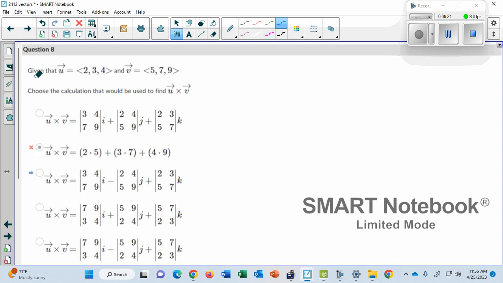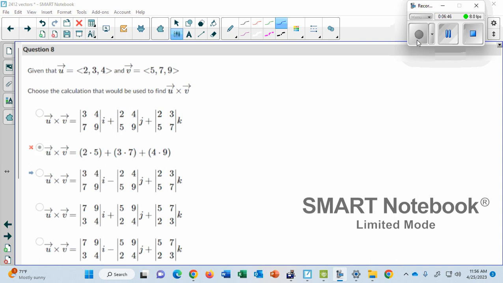So right here it says, given vector u and vector v, choose the calculation that would be used to find the cross product. So this one's the cross product here. And so there's a couple of different ways we could approach this one. This is the way I've always kind of done it.